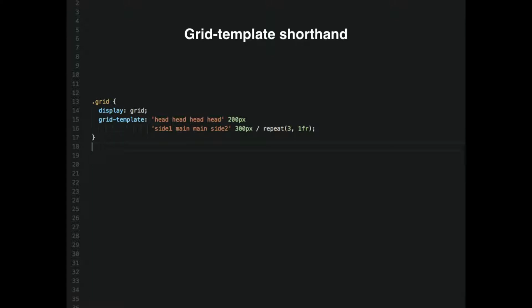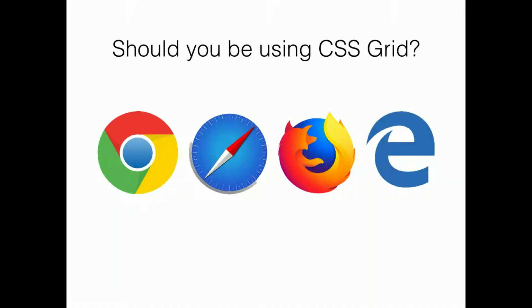So yeah, CSS Grid is supported, right? It's not supported by Internet Explorer. Internet Explorer 11 supports an earlier version of CSS Grid, with a slightly different syntax that does different things than your modern browsers, which can completely screw you over.